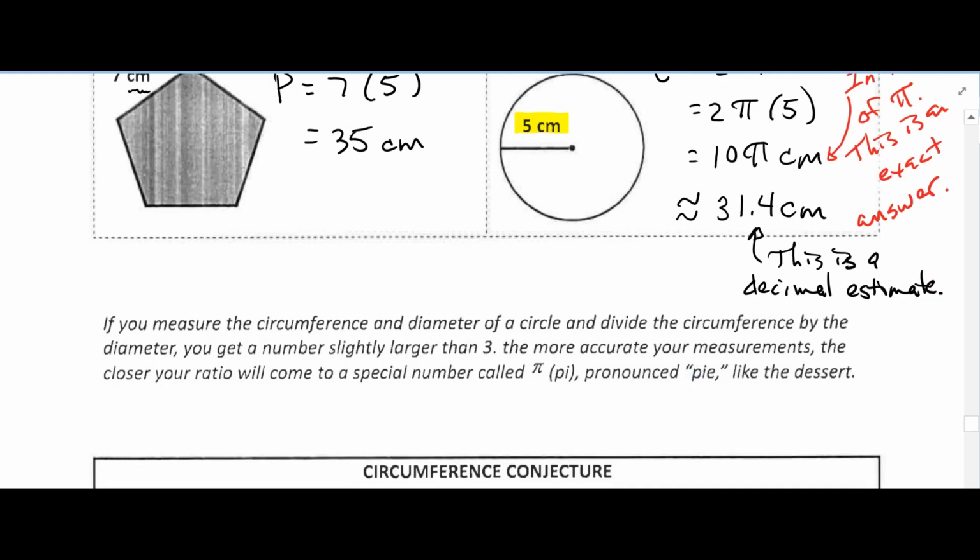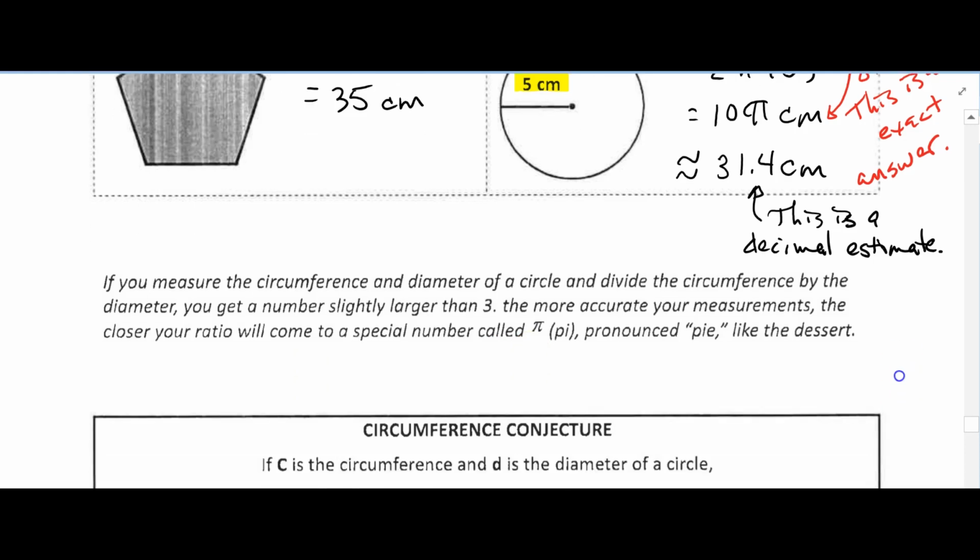Okay, so if you measure the circumference and diameter of a circle and divide the circumference by the diameter, you get a number slightly larger than 3. The more accurate your measurements, the closer your ratio will come to a special number called pi. Okay, pronounced pi like the dessert.